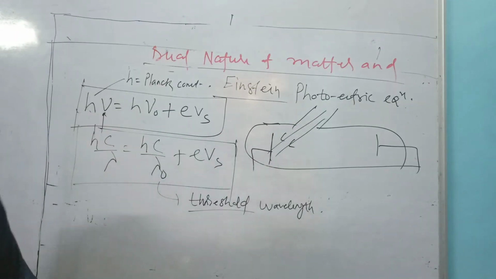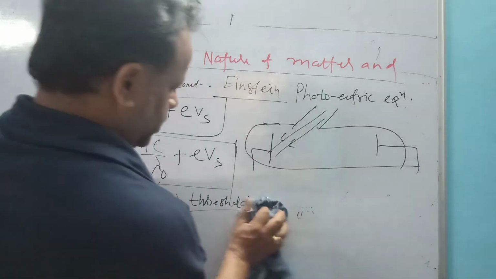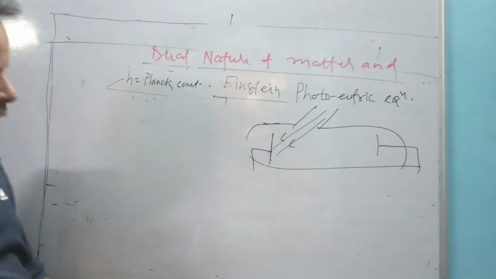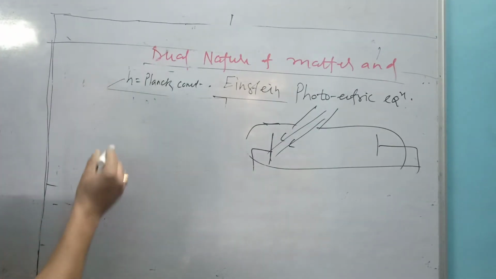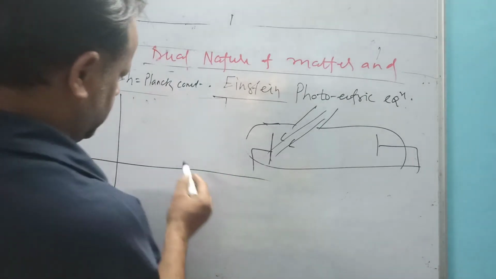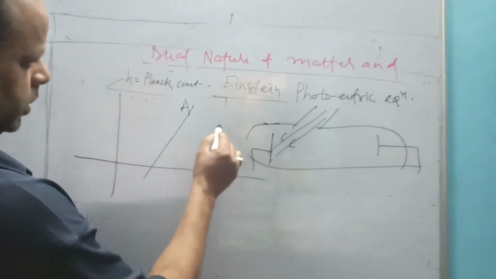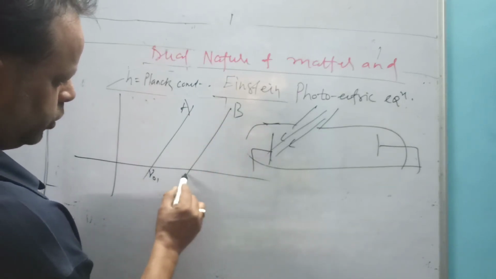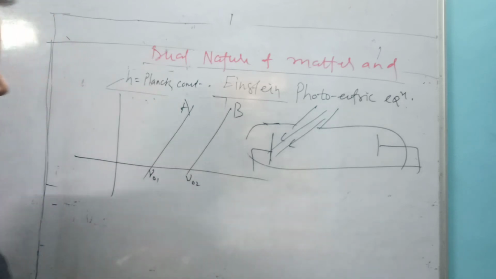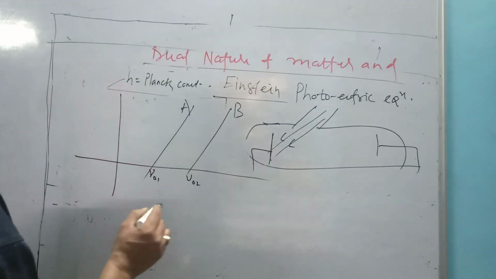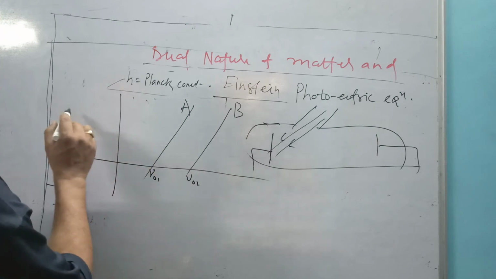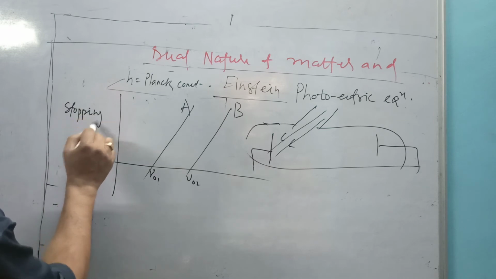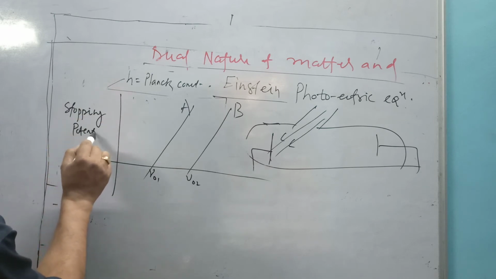See, it was also observed that every metal had its own threshold frequency. Means what? This is metal A, suppose this is metal B, they had their own unique threshold frequency, and this is basically the graph between frequency and stopping potential.